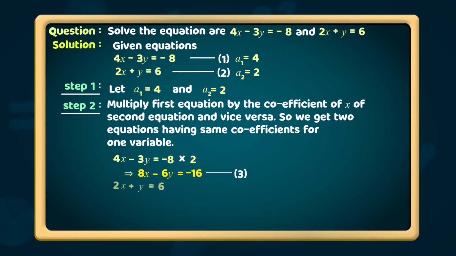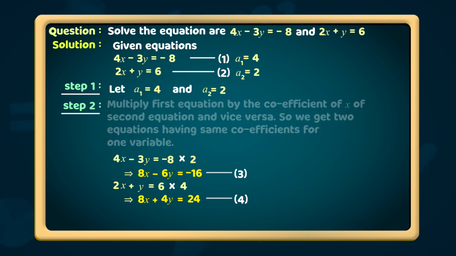Similarly, second equation is multiplied by coefficient of x of first equation, that is 4. That implies 4 into 2 going to be 8x plus 4 into y gives 4y equal to 4 into 6 gives 24. Let it be equation 4.